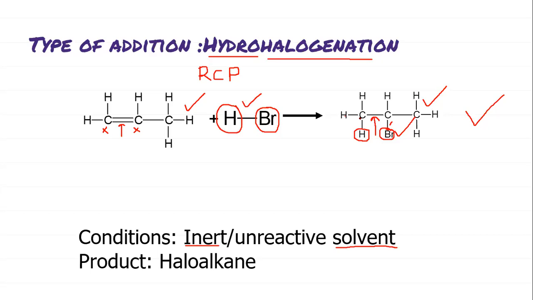Tomorrow we'll definitely look at another type of addition, which is hydration, and we'll look at another type of addition, which is hydrogenation. And then we will also look at reactions of haloalkanes as well as polymers.